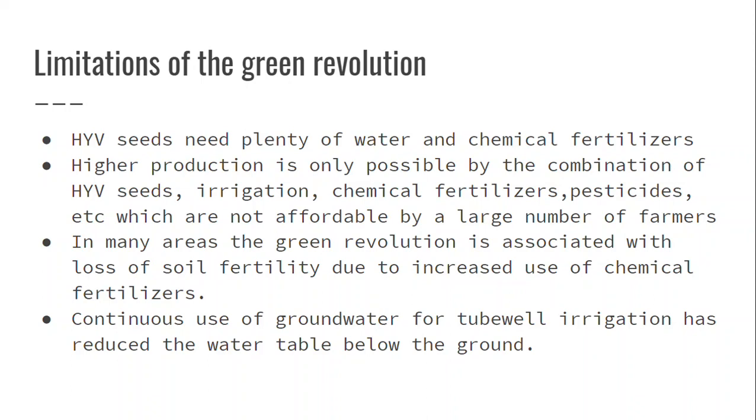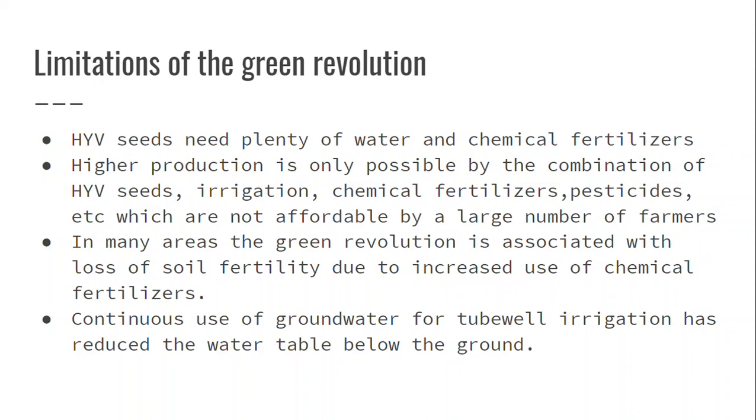HYV seeds need plenty of water and also chemical fertilizers. So you're damaging the environment, and it's a lot of cost. This production is possible by HYV seeds, irrigation, chemical fertilizers, pesticides, etc. And this causes a bigger expenditure, which pretty sure 99% of the farmers won't be able to afford. Unless you're a large farmer, you can't afford it.